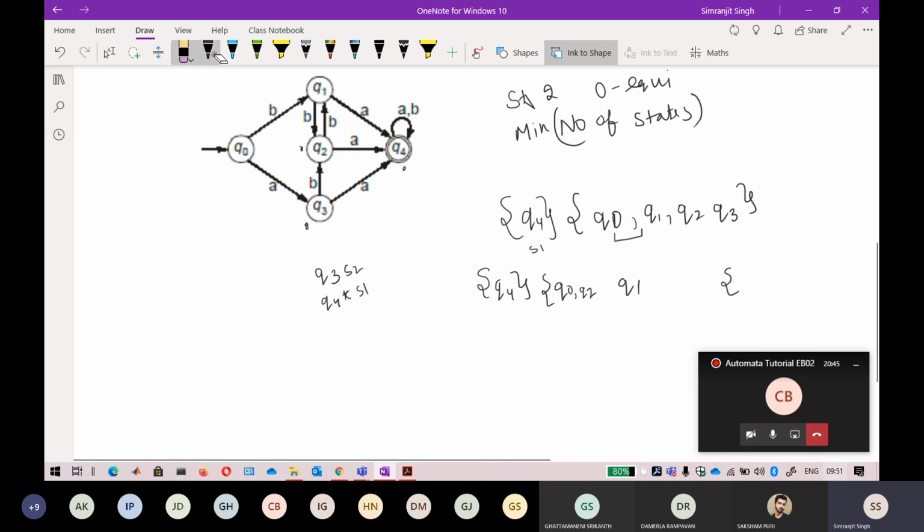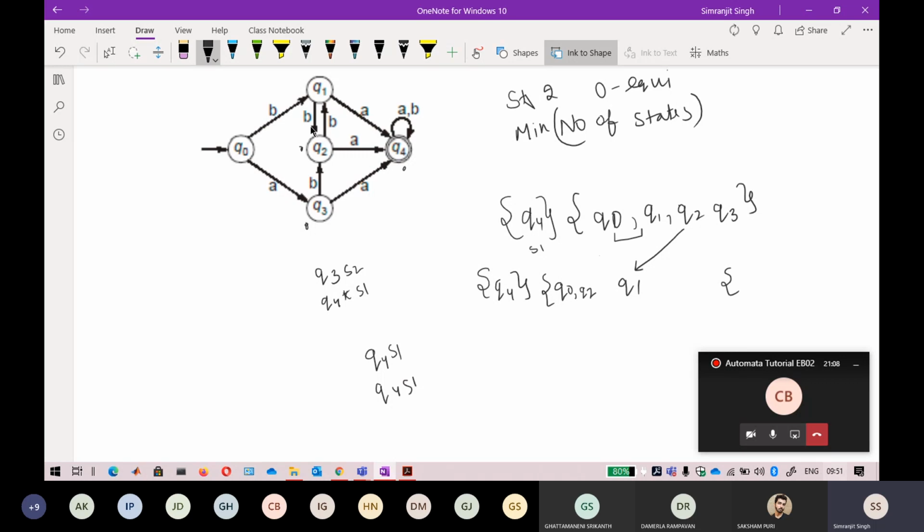But again, let me check Q2 and Q1. Q1 on A is going towards Q4, and Q2 on A is also going to Q4. So they belong to the same set, set 1.